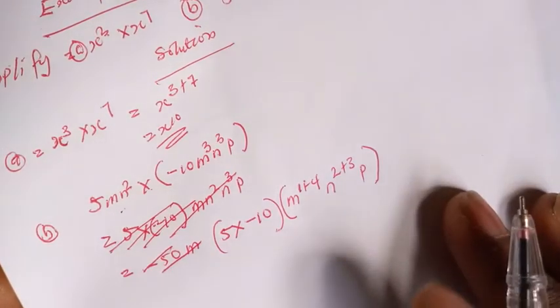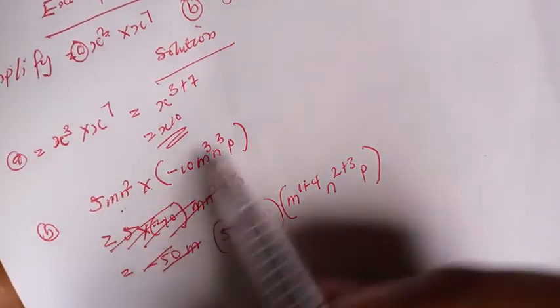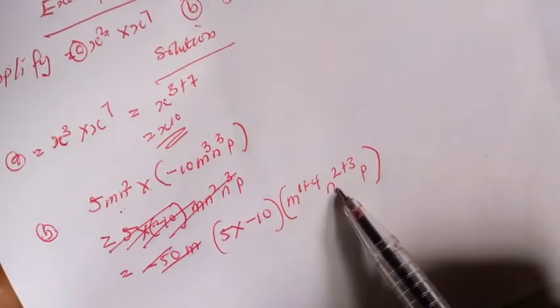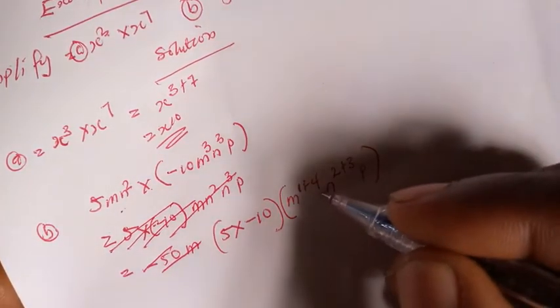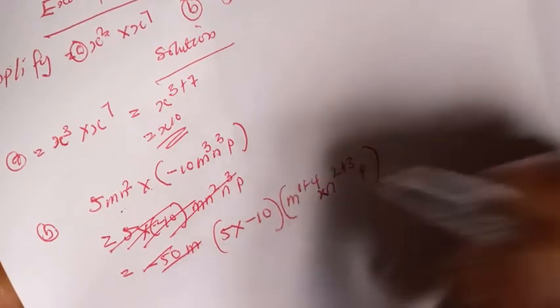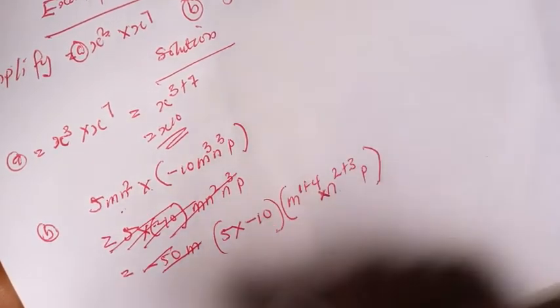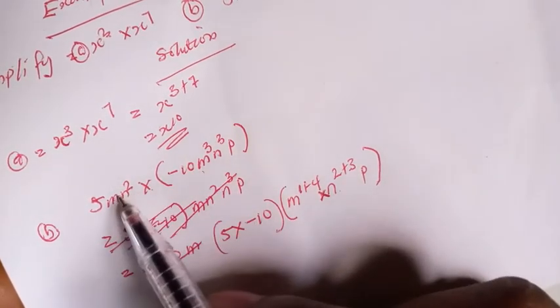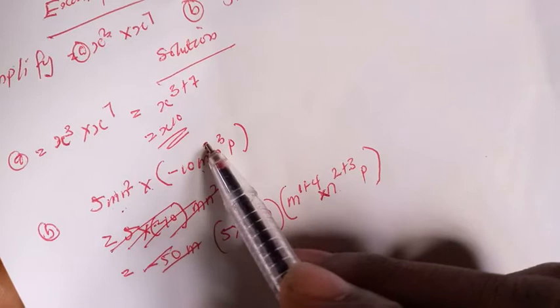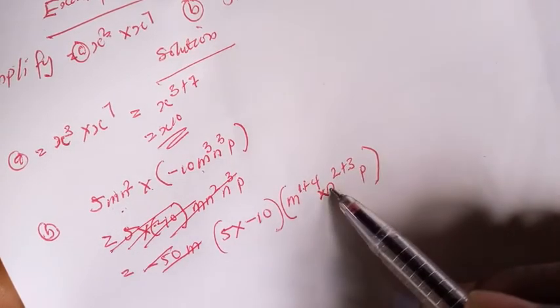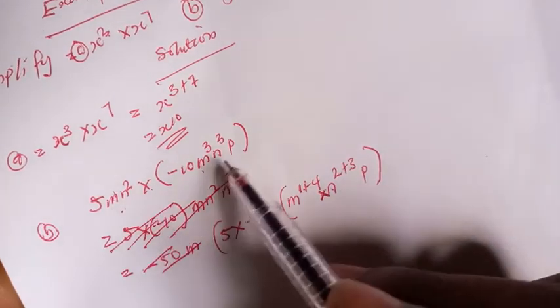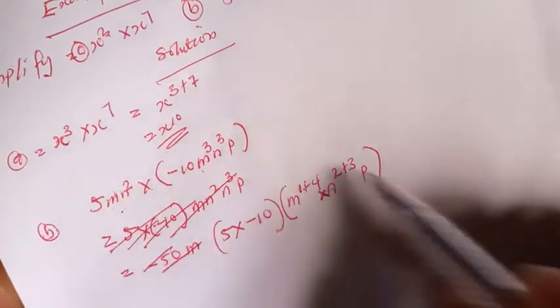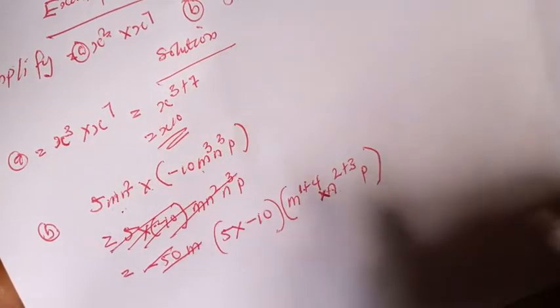Do you understand that now? So we take the m, they have the same base, so m is raised to the power 1 and to the power 3. For n, we have the same base, n to the power 2 plus 3, then we have p.